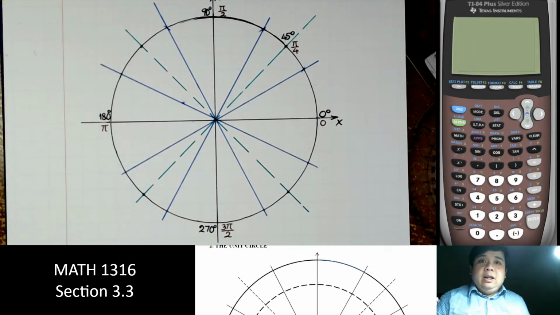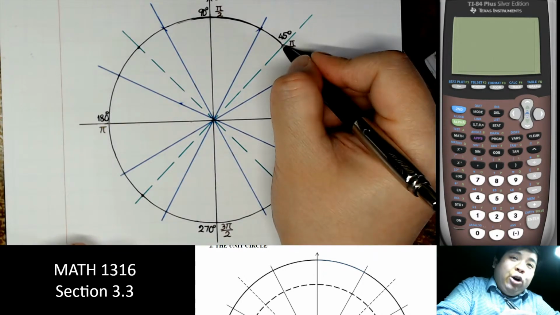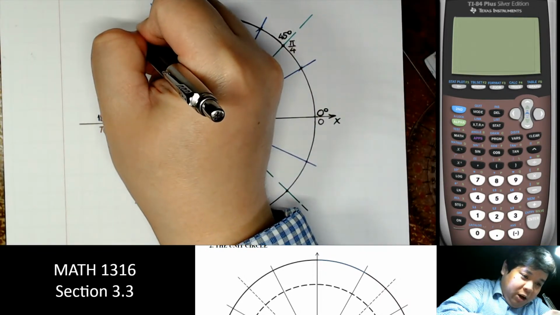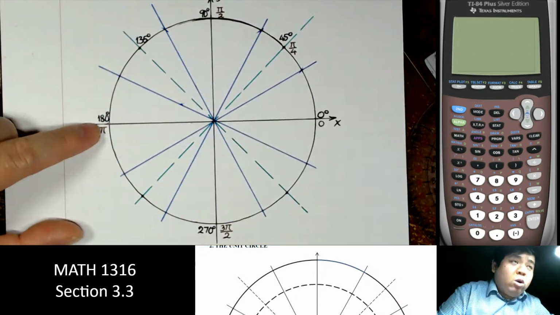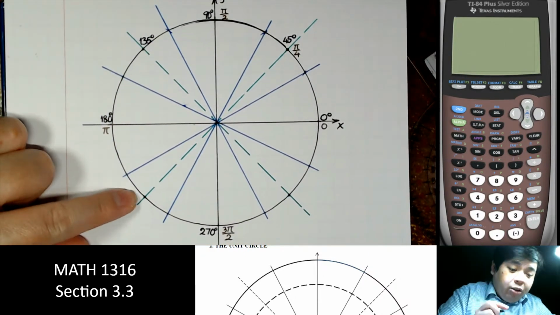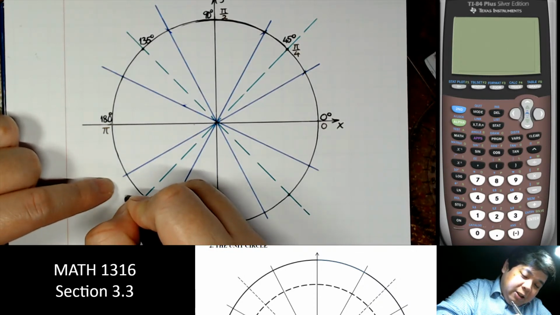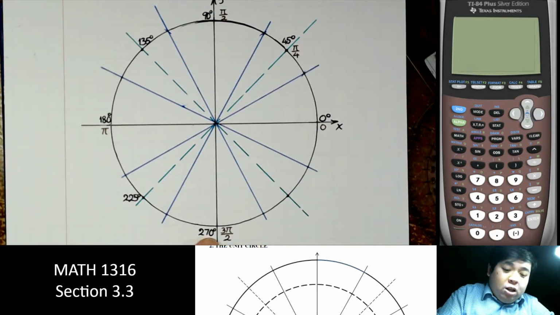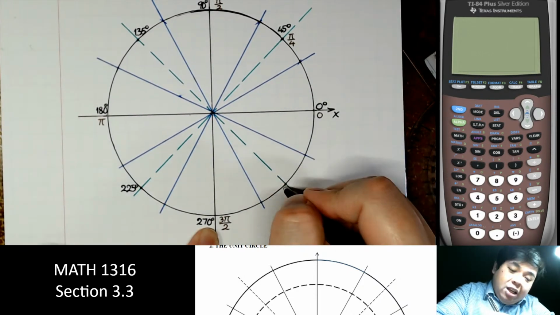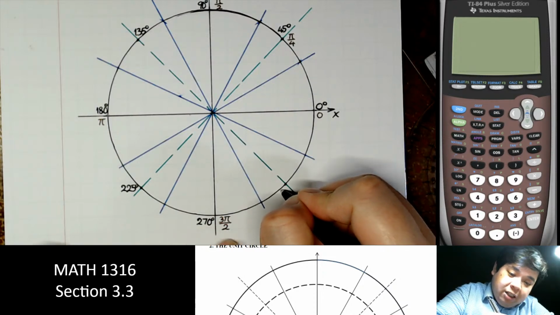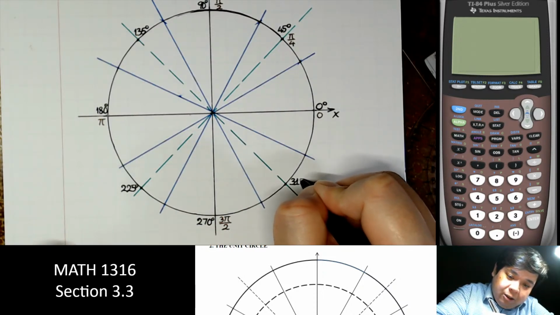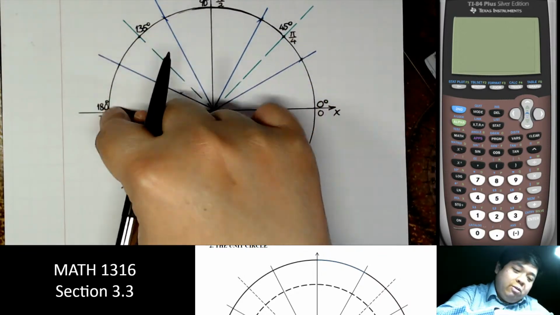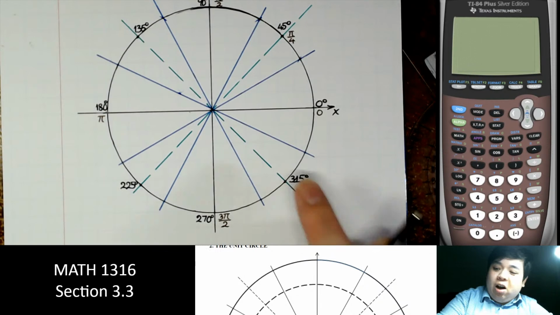Now, think about this: 0, 45, 2 times 45, 3 times 45 is 135 degrees. 4 times 45 is 180. 5 times 45 is 225. 6 times 45 is 270. 7 times 45 is 315.